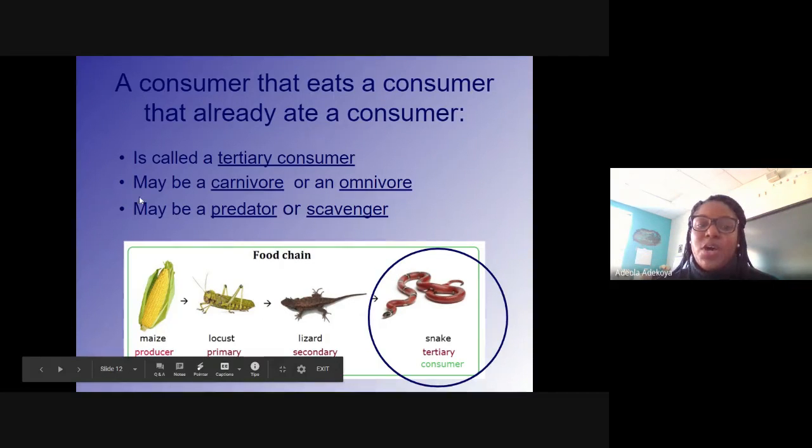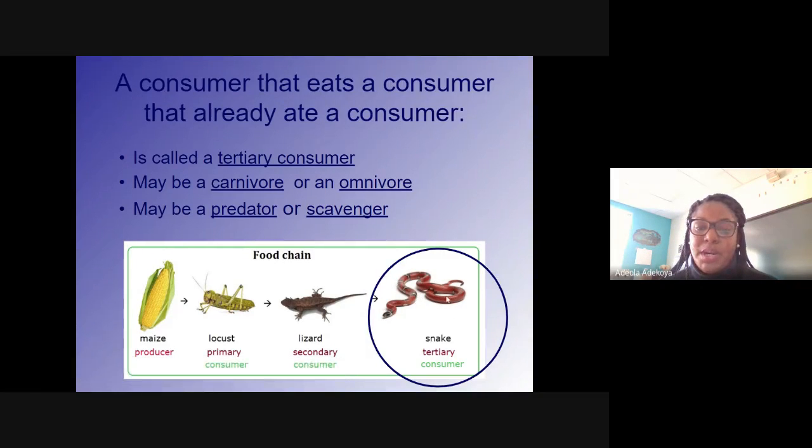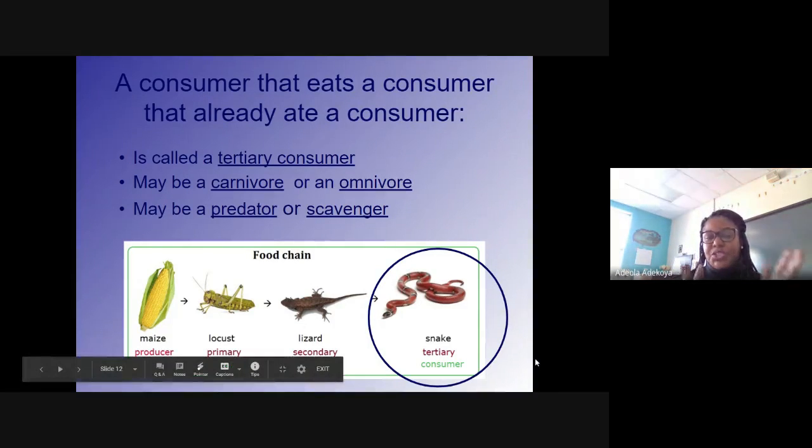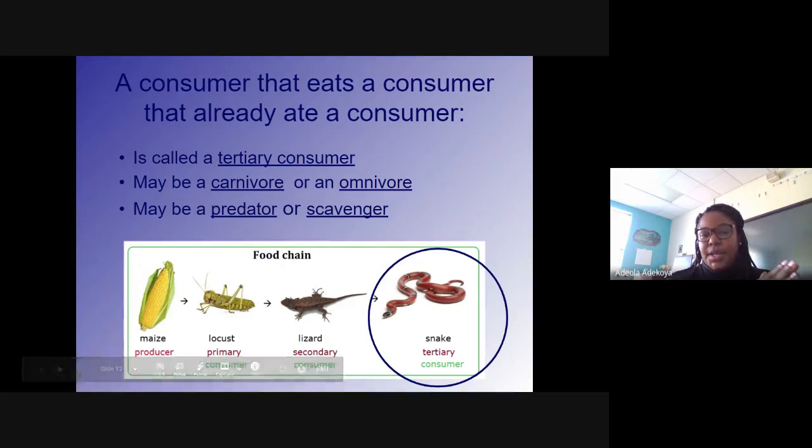They might either be carnivores eating only meat, or omnivores eating both meat and plants. Also, they might be predators or scavengers. So basically, a food chain just shows you one line in which the energy is transferred between living things.